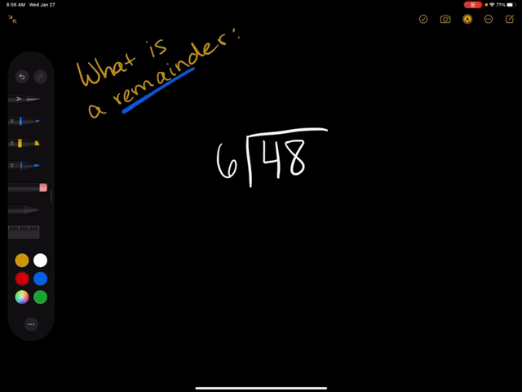We could make 48 dots and circle groups of 6 until we got 48. But that way takes a lot longer than just knowing our multiplication. So we are going to try to get really good at knowing our multiplication facts.